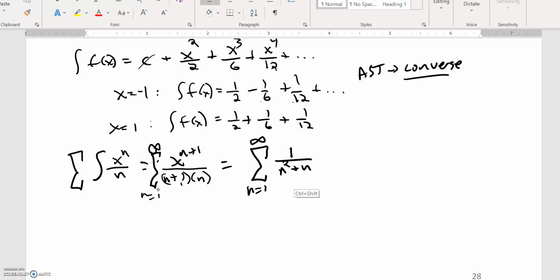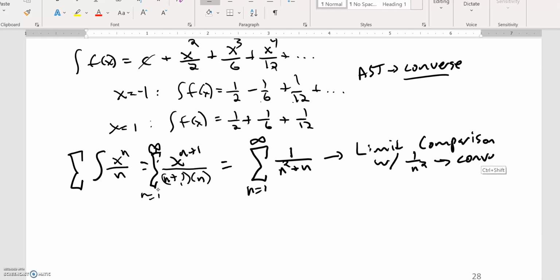What do you think? Converge or diverge? And I hope you're getting a little bit of intuition here where you could say that converges. I could do a limit comparison. You couldn't do direct comparison very easily, but a limit comparison would be pretty easy. With limit comparison with 1 over n squared, this thing has to converge, because if I ignore the n for a moment, pretend that's not there, that's going to converge by a p-series.